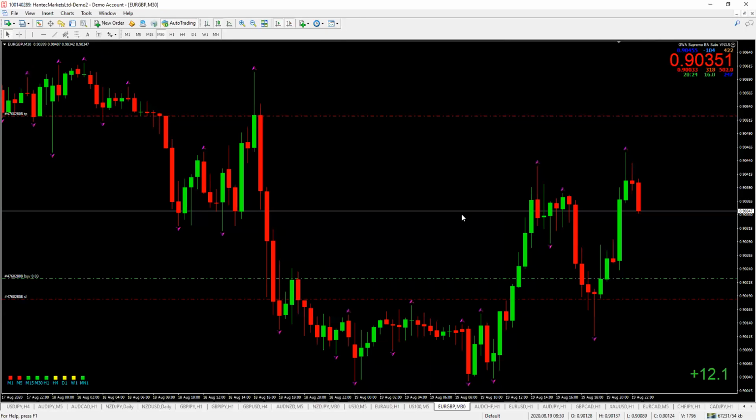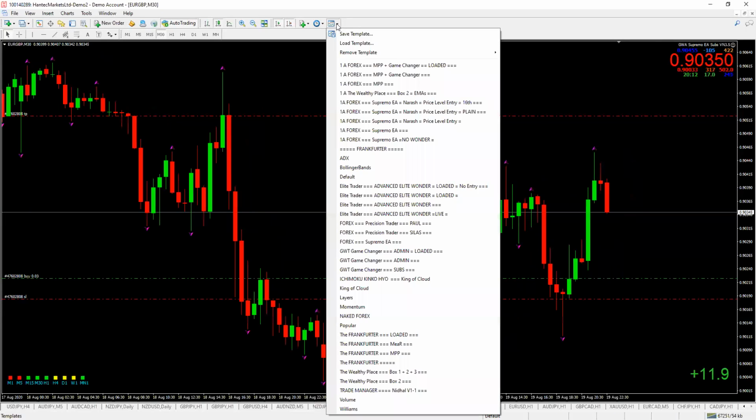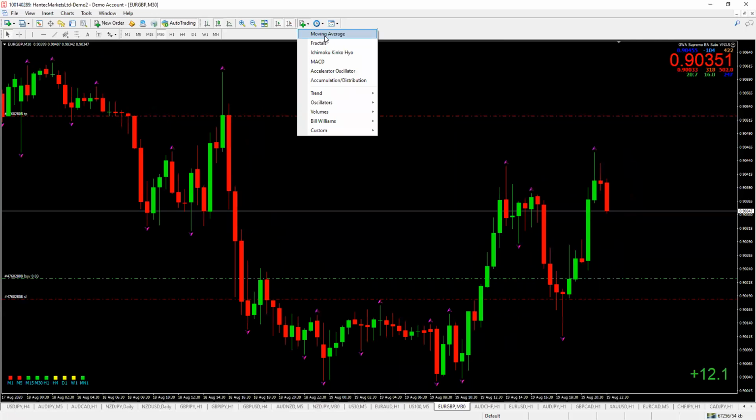I already have mine set up like so with the arrowheads. Well, it's not called arrowhead, it's called fractals. Let me just add the moving average to it.